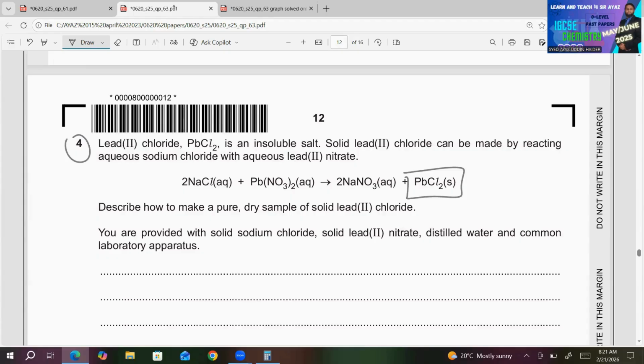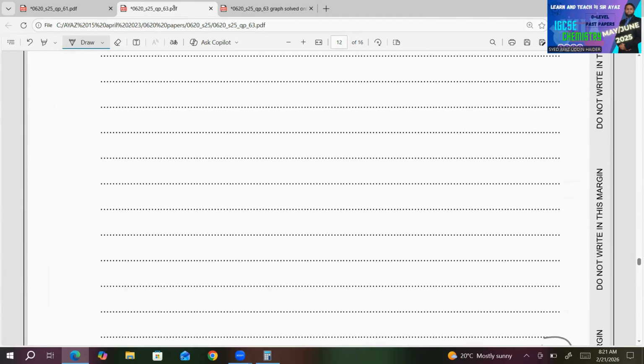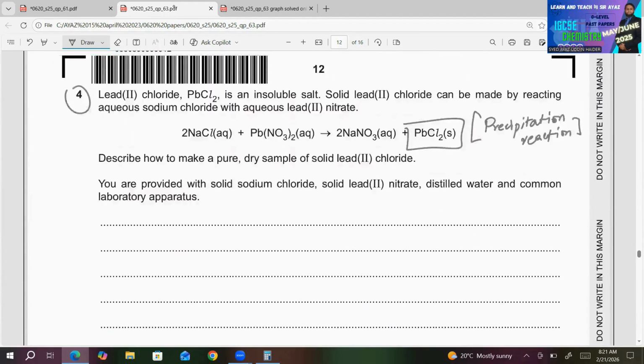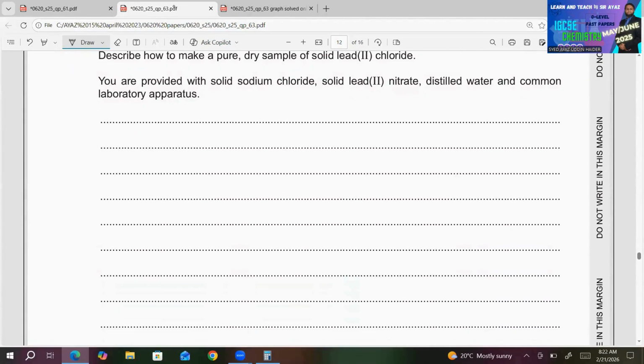This reaction is an example of precipitation reaction. So you need to follow these steps for precipitation reaction. Total mark for this question is 6. So in order to gain 6 marks, we need to write any 6 points from this.